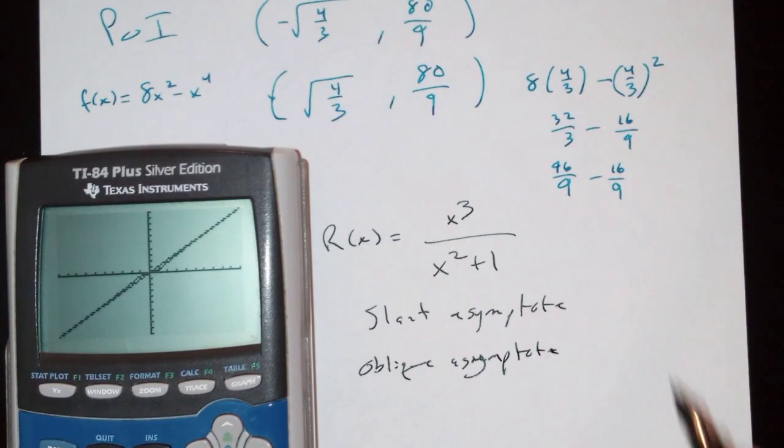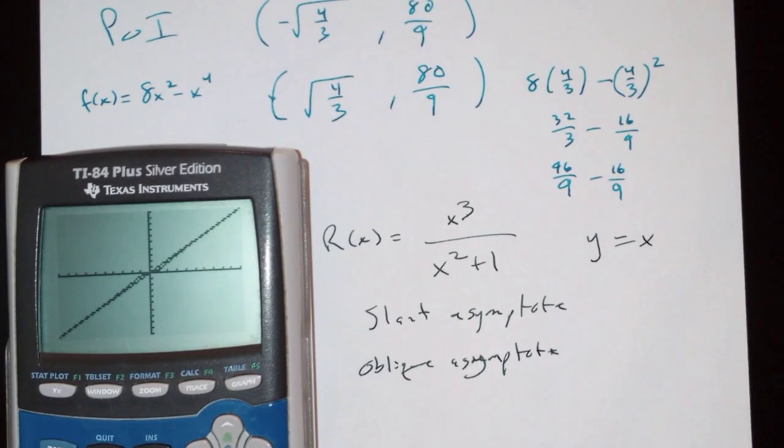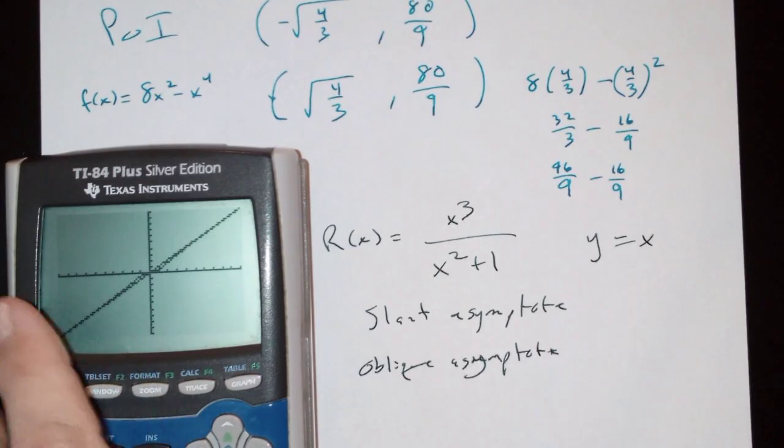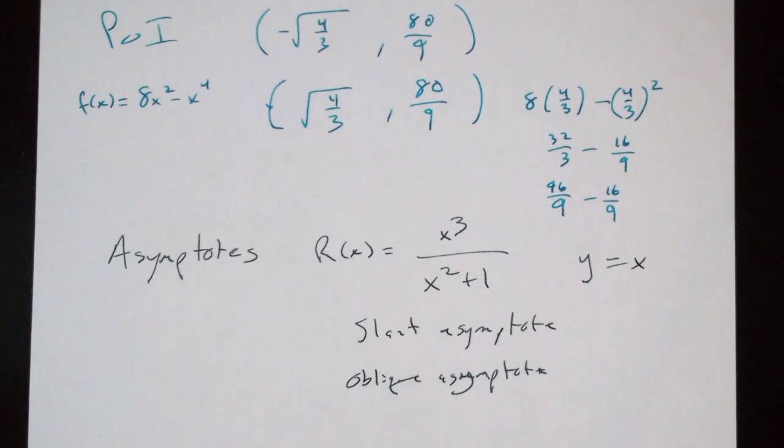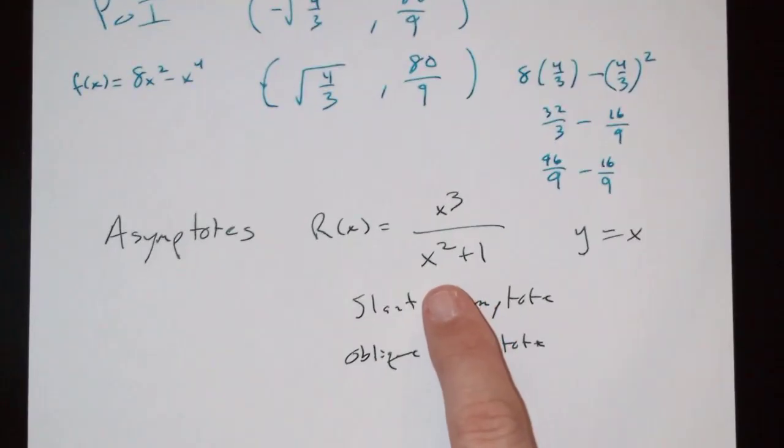Now the question: how did I know that the appropriate line would be y equals x? And the answer is division. That's what this over means, right? I'm dividing.